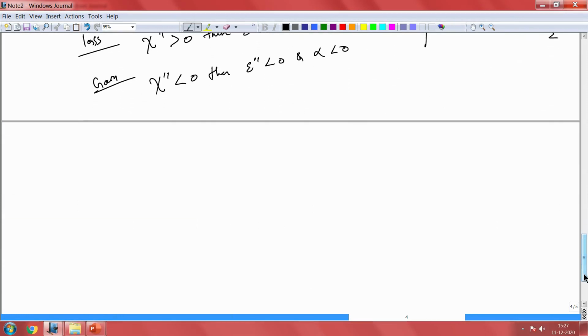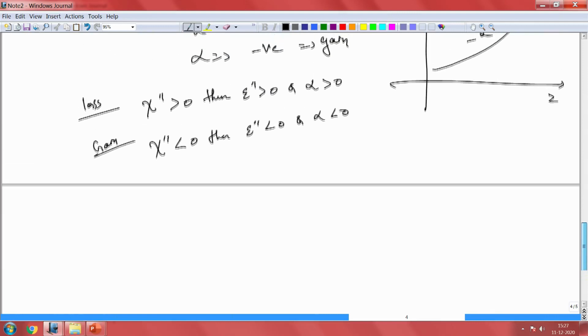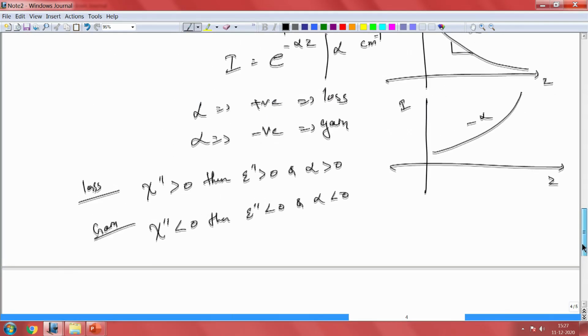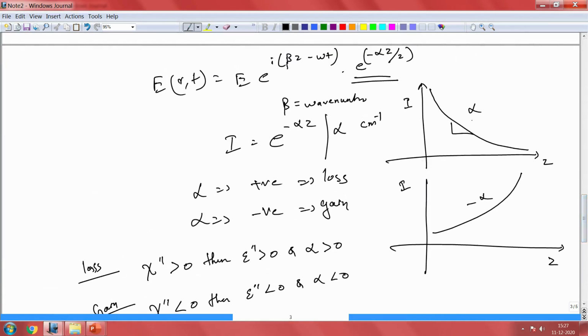The other thing to notice is when you have a certain absorption, you can actually use this alpha, positive or negative, to find out the length scale required to absorb a certain amount of light, or the length required to generate a certain amount of light.